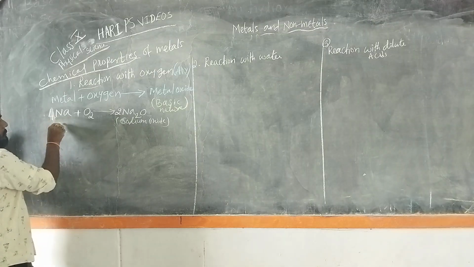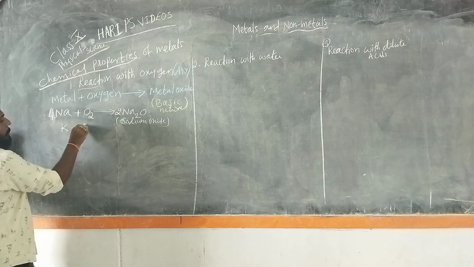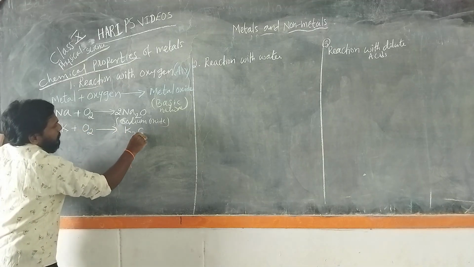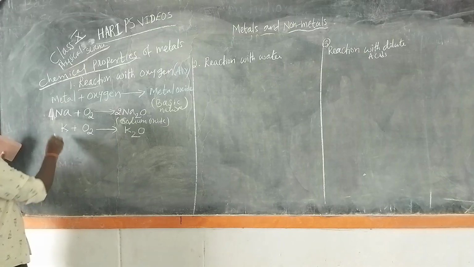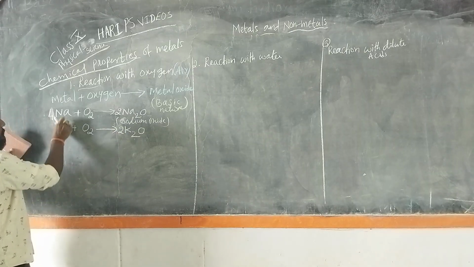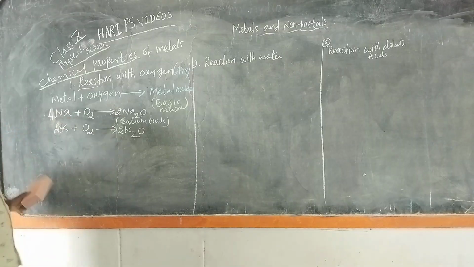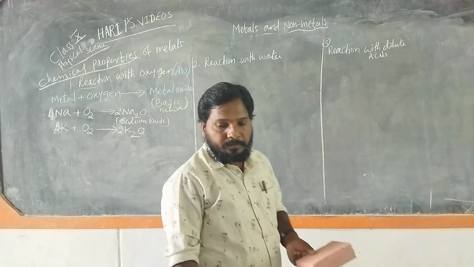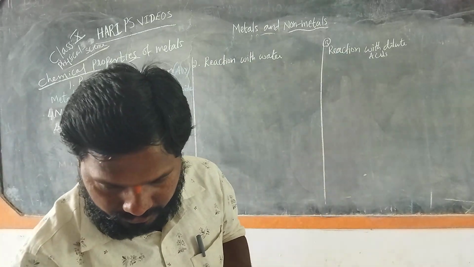Similarly, potassium also combines with oxygen and gives potassium oxide. These oxides are basic in nature.